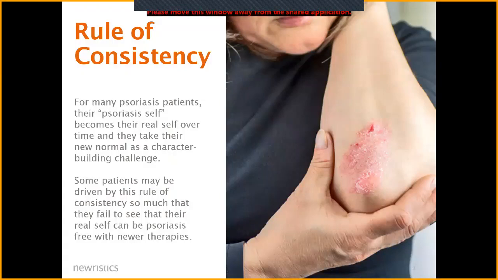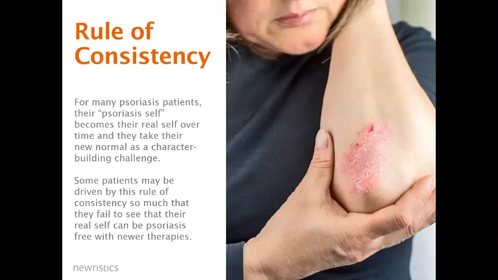Now let's take a pharma example. If there's anybody who's worked in immunology, who's worked in psoriasis, here's an example of how in psoriasis, when people are originally diagnosed or in the early years of living with their psoriasis, they are very focused on how their skin looks and how they look to other people and what other people think about my skin, et cetera. Over time, your psoriasis self becomes your real self. And some, not all, some patients can even take the new normal as a character building challenge for themselves.